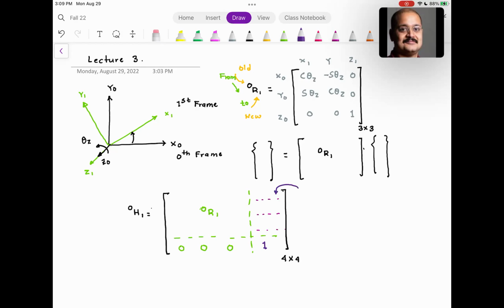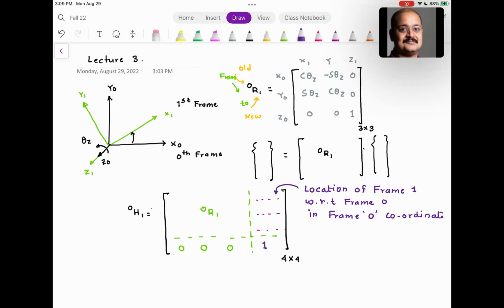This is the location of frame 1 with respect to frame 0. And here is the most important part: in frame 0 coordinates. And I will take examples and show you what that means.